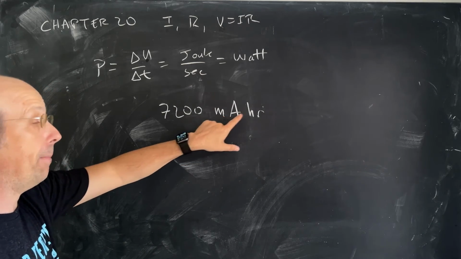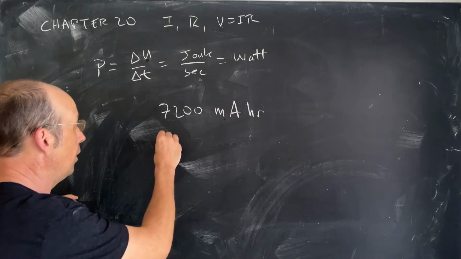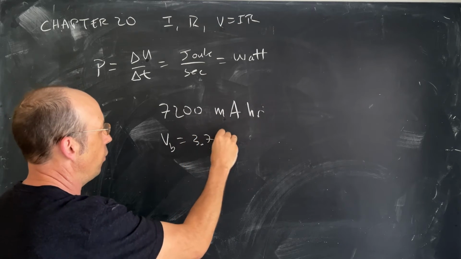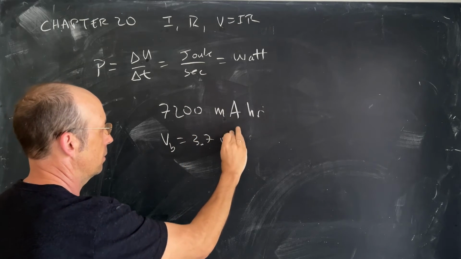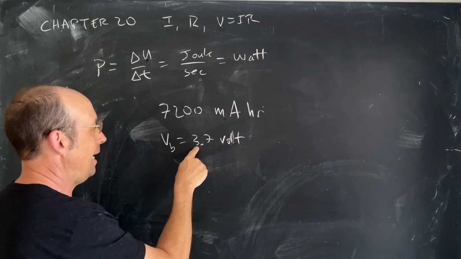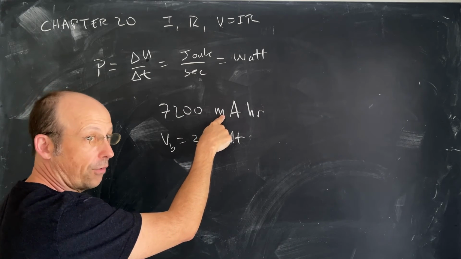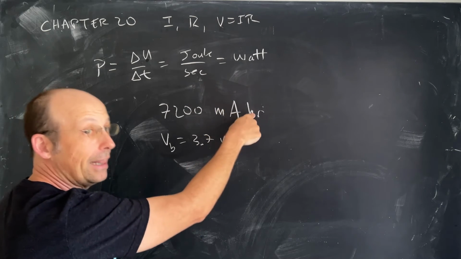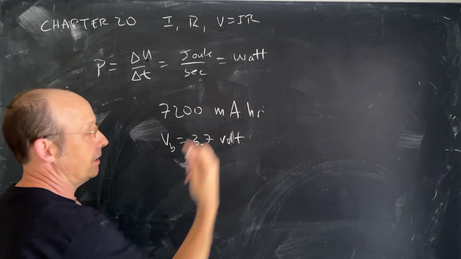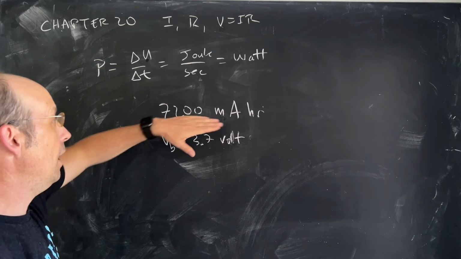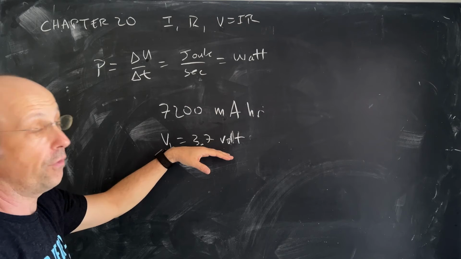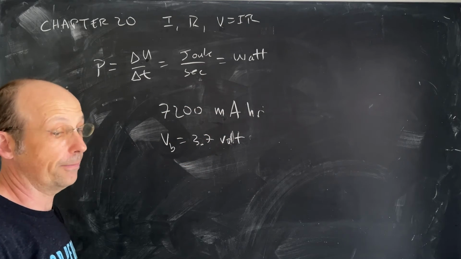If it's milliamp hours and you know the potential, so some of these batteries are, let's say, 3.7 volts, I take 3.7, convert the milliamps to amps, and multiply by the current to get the power. Then I convert from hours to seconds, and you can get it to joules too. So if they list it in milliamp hours or amp hours, you have to know the battery voltage in order to calculate the energy in the battery.